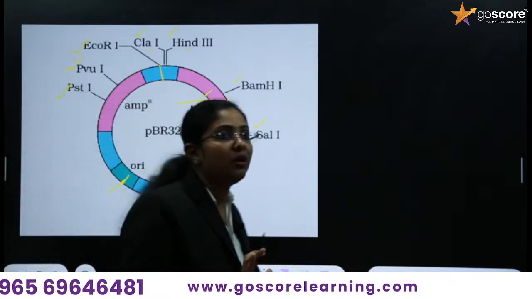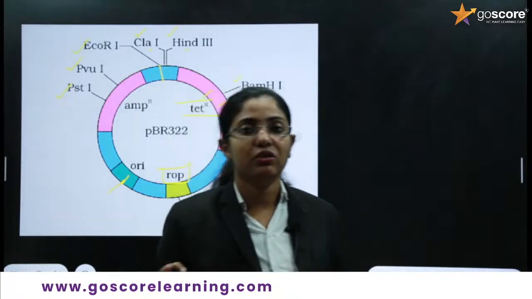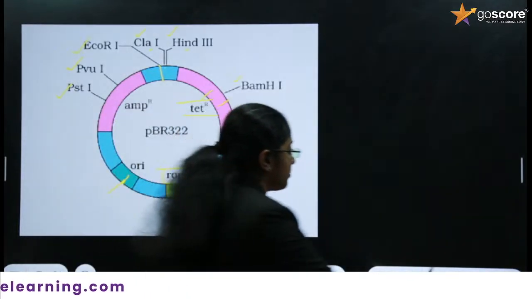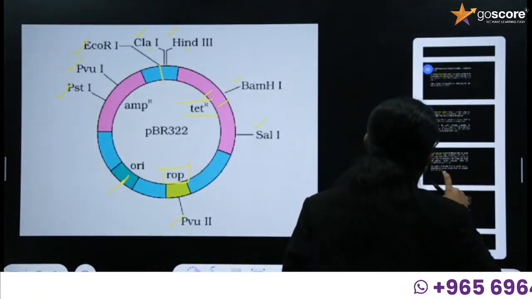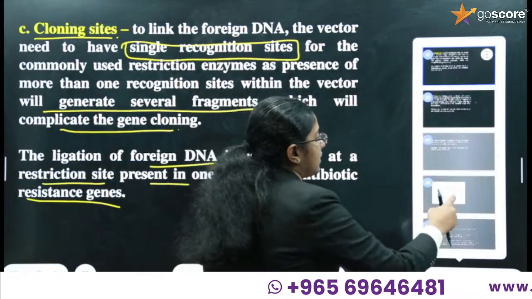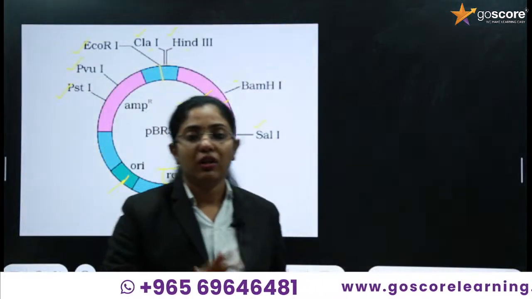That is all about the vector and its characteristic features: an ori region should be there, then a cloning site. Those are the important points to remember. So that's all about the vector.